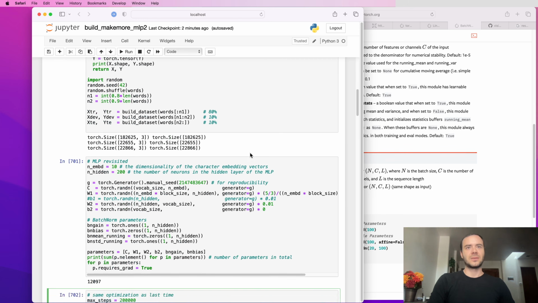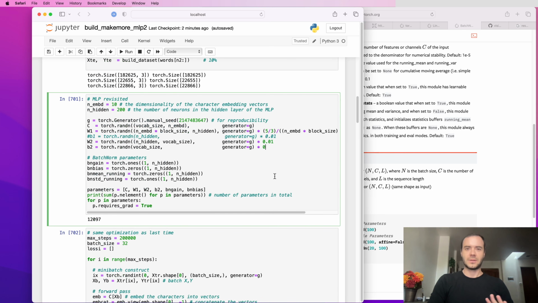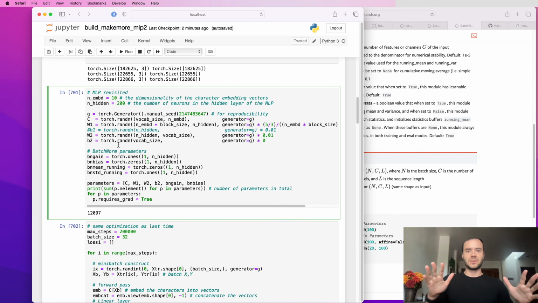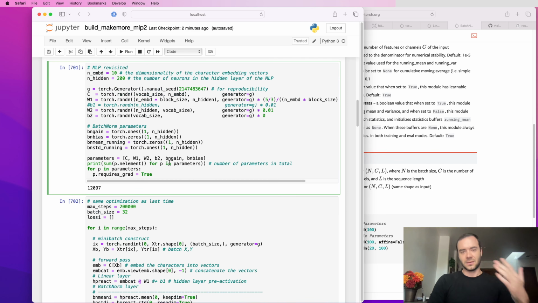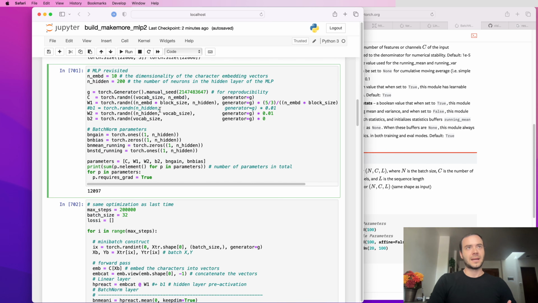Then we talked about, okay, if we want roughly Gaussian activations, how do we scale these weight matrices and biases during initialization of the neural net so that everything is as controlled as possible. That gave us a large boost in improvement. And then I talked about how that strategy is not actually possible for much, much deeper neural nets.